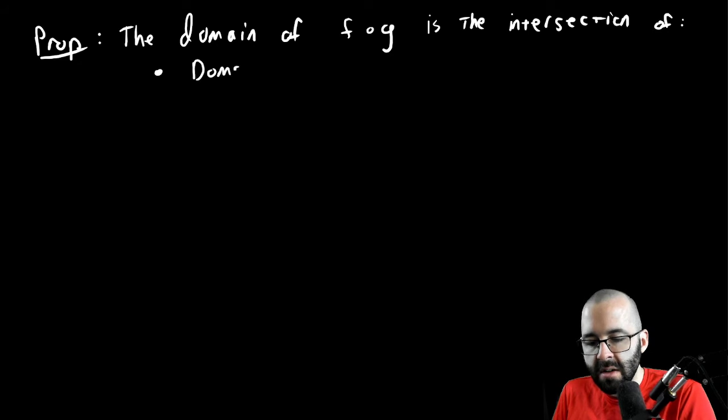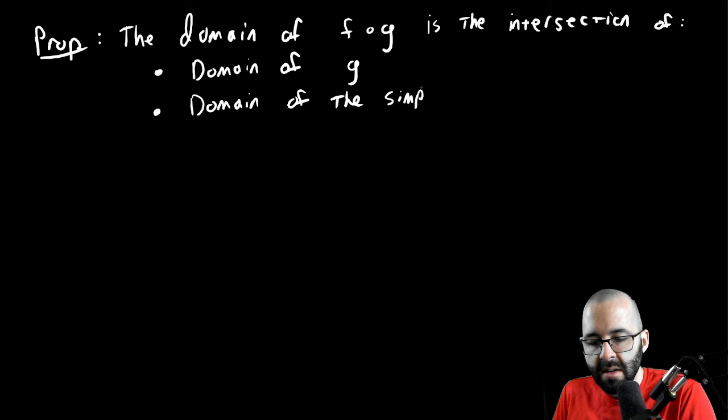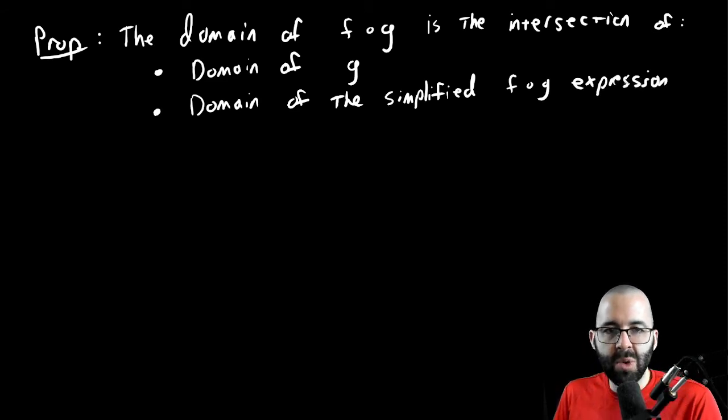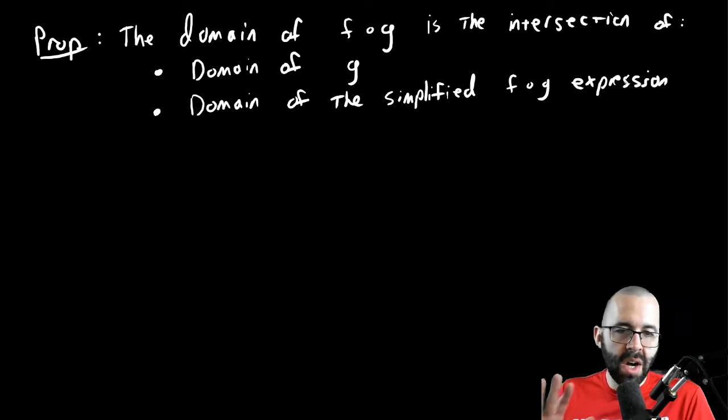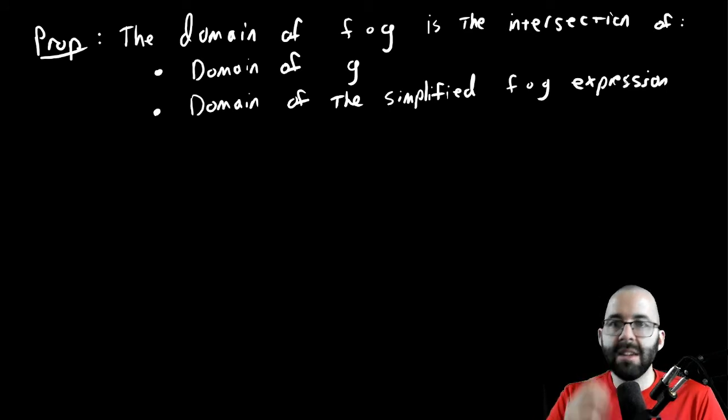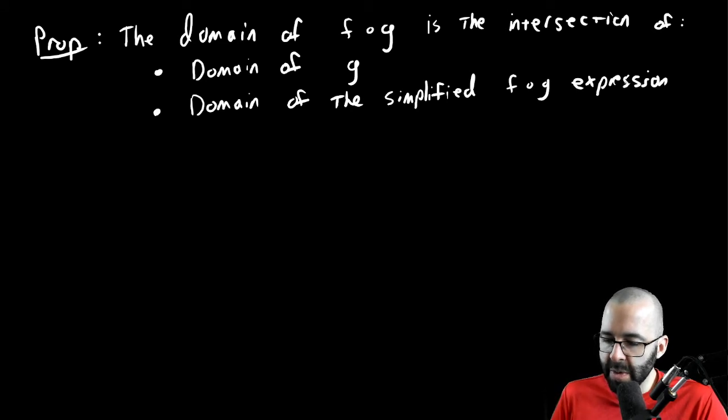The domain of g and the domain of the simplified f of g expression. And now this looks a little weird, especially when I write expression like that. Pause. Don't worry about this too much. Let's see it in action to see what I mean. So we just have to find two domains and find their intersection. It's a little weird, but hopefully it'll make more sense as we do an example.